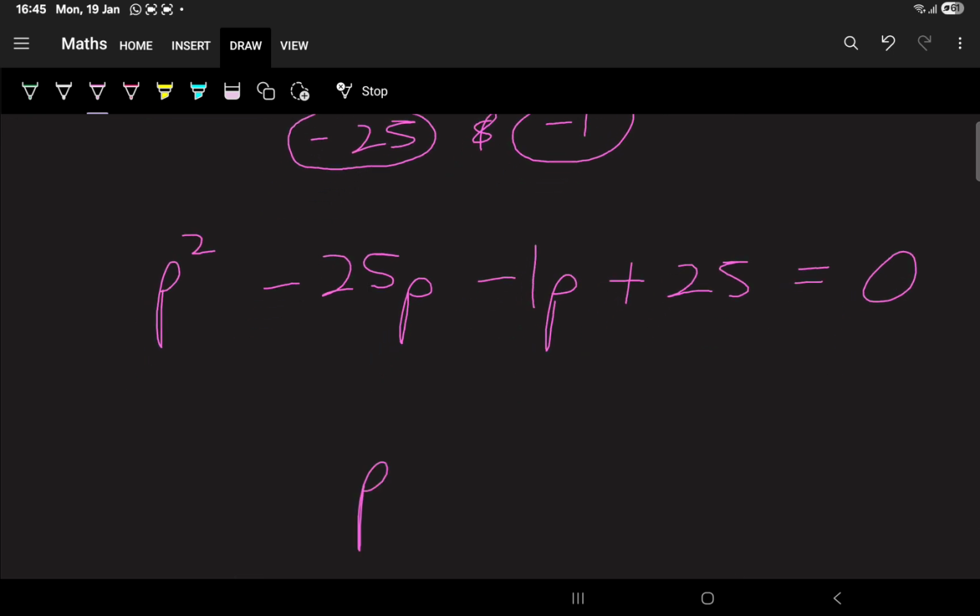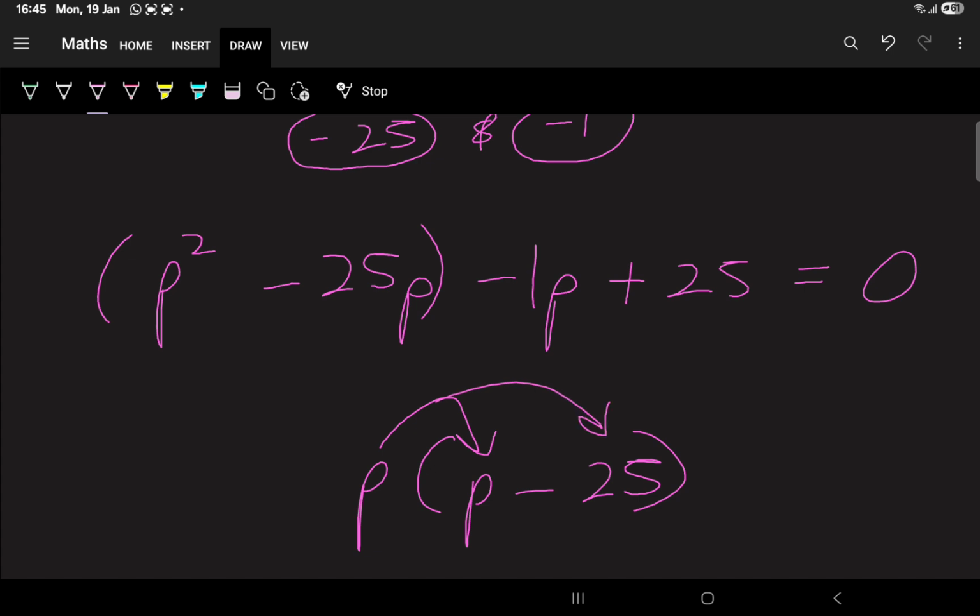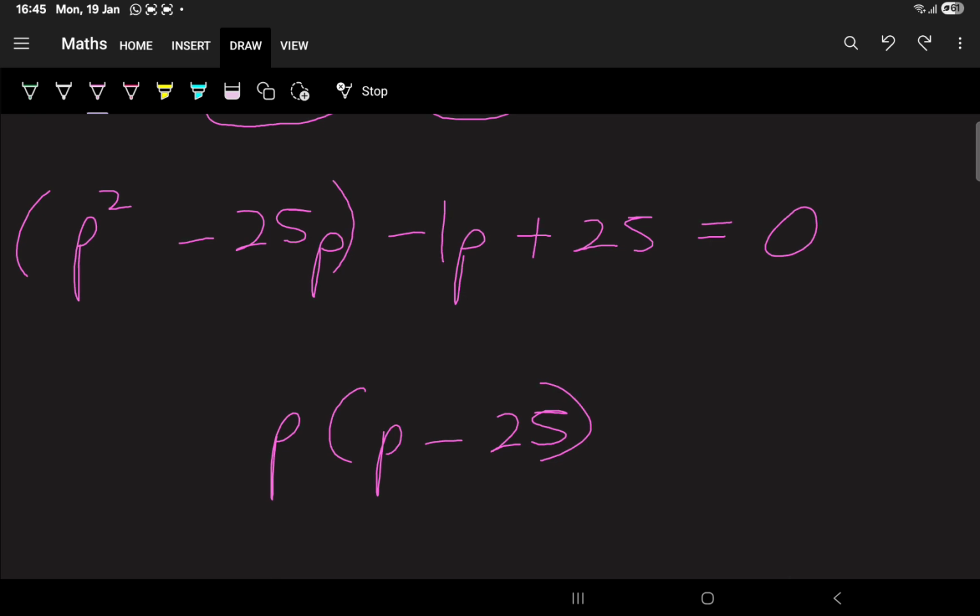Now we factorize p squared. From this we can factorize p. So factorizing p, you have p minus 25, because when we distribute, we have p squared and 25p. Again, what we're doing is just transformation of the equation. Now we are left with this.